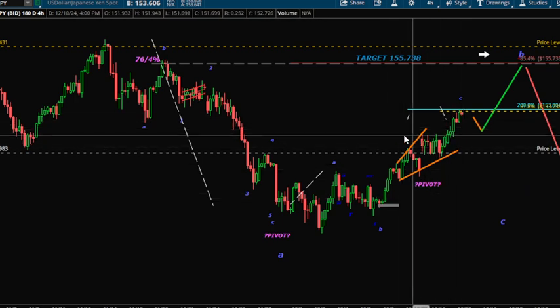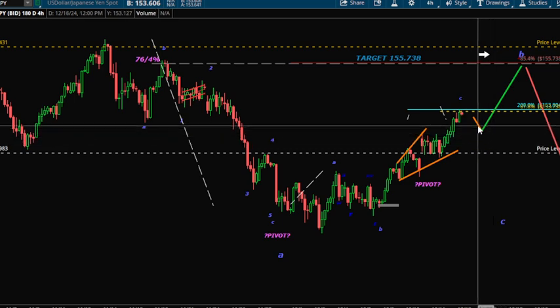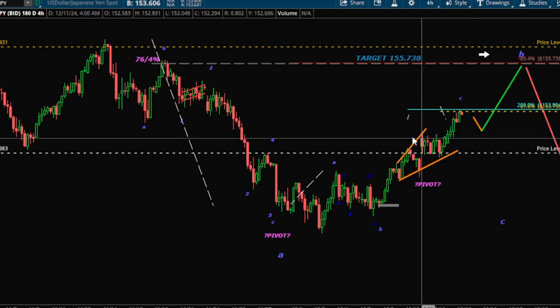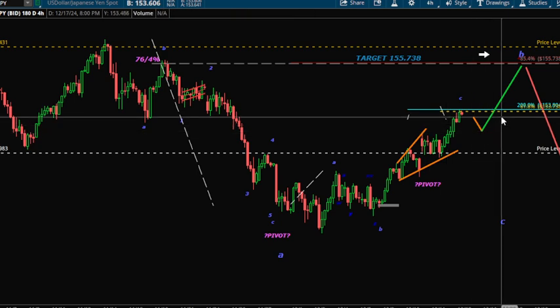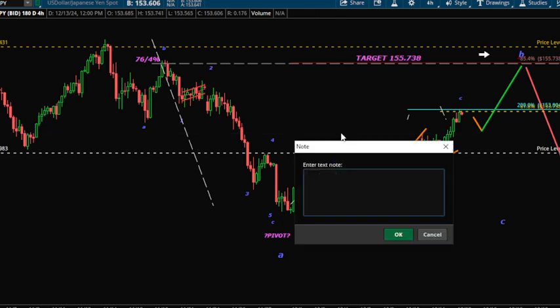So I would go ahead and probably say it's going to make a lower or a higher low based off this price level here. So I would go ahead and put a support above this triangle. That's why I have this bounce here. So a target right around 152.826.